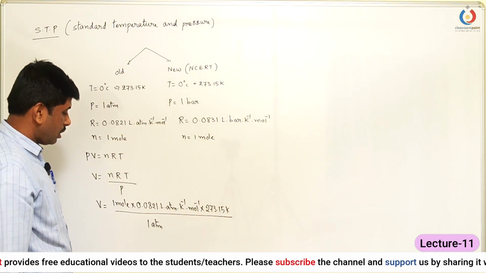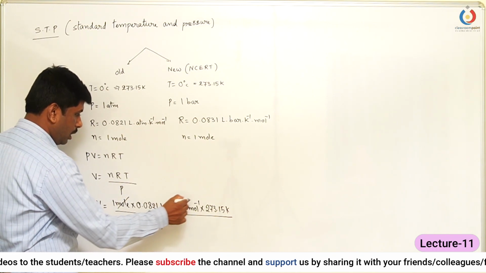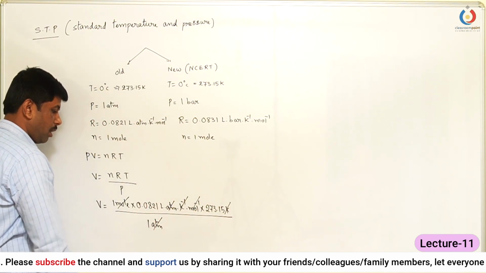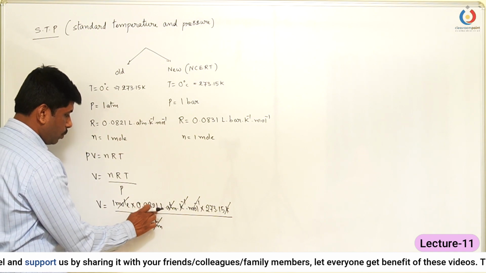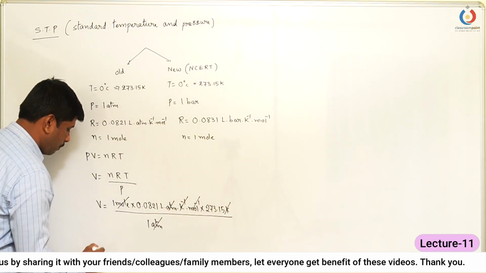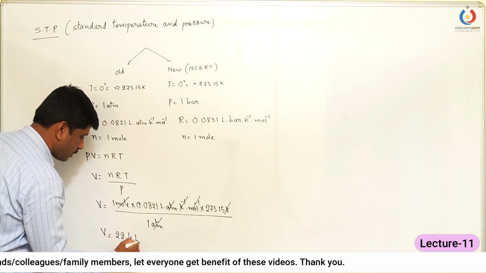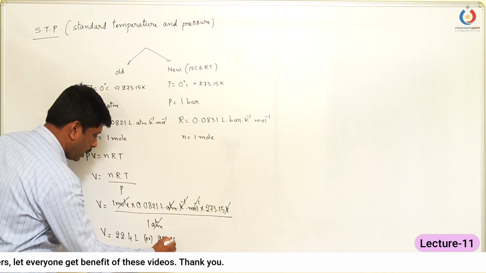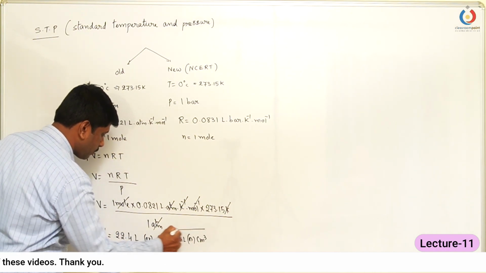So let us cancel the units first. Atmospheres cancel out, mole also cancels out, kelvins also cancel out. So the final volume must be in liters. When you multiply 0.0821 into 273.15, it gives 22.4 liters, also known as 22,400 milliliters or cubic centimeters.